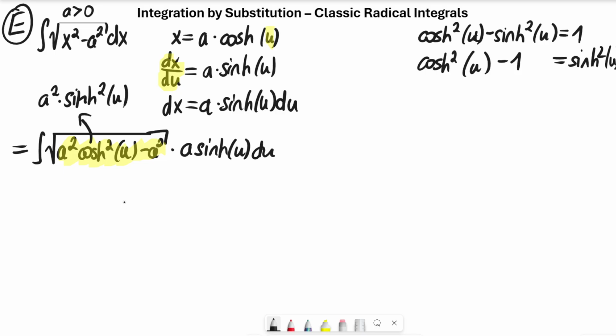And now you see why we have used this kind of substitution, because you can simply take the square root now of that. So the square root of a squared is a, I write in front of the integral. The square root of hyperbolic sine squared is the hyperbolic sine. And the rest we just copy.